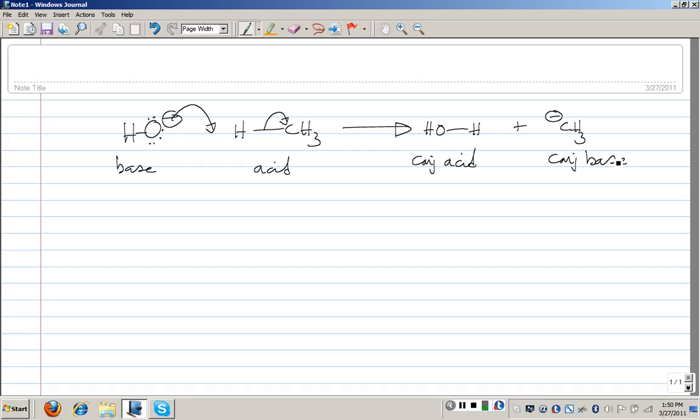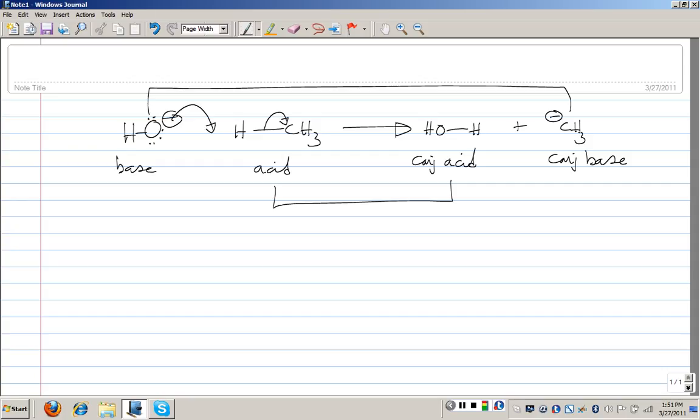So the question I have to ask is, is hydroxide a stronger or weaker base than methide or methanide? And is methane a stronger or weaker acid than water? Asking whether hydroxide is a stronger base than methane, or whether methane is a stronger acid than hydroxide, is an irrelevant question.